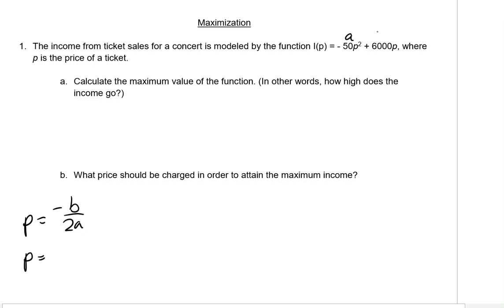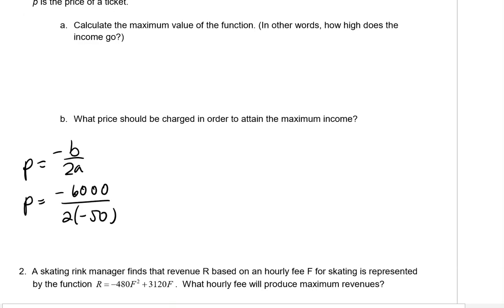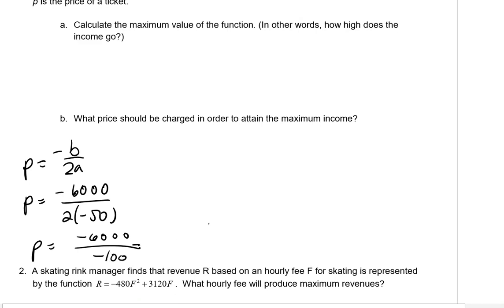This is my a, this is my b. So we're going to have negative 6,000 over 2 times negative 50. p is negative 6,000 over negative 100, which is 60. So the price would be $60.